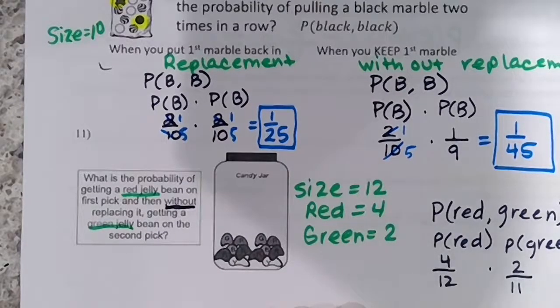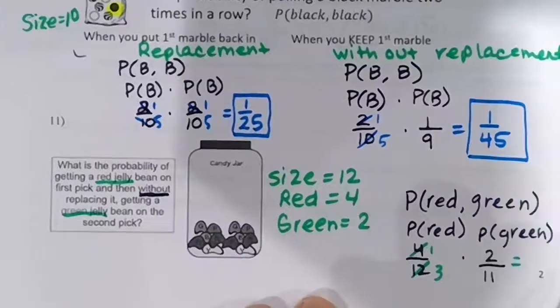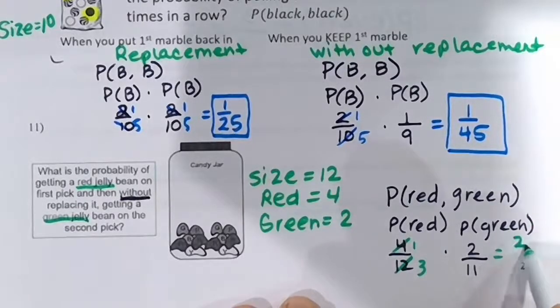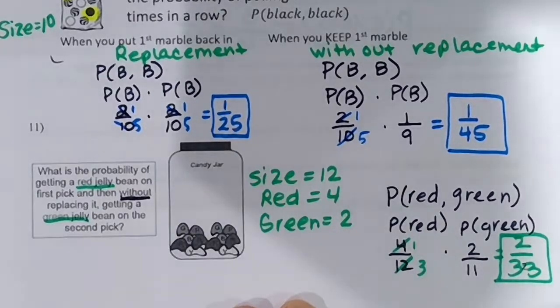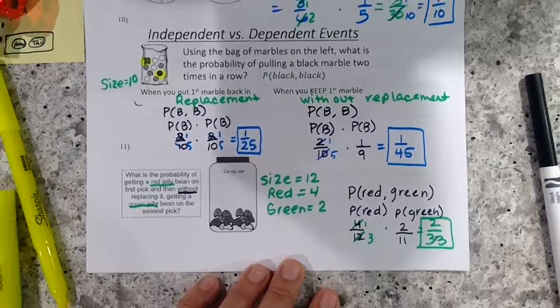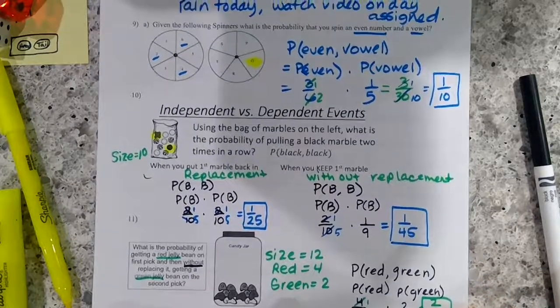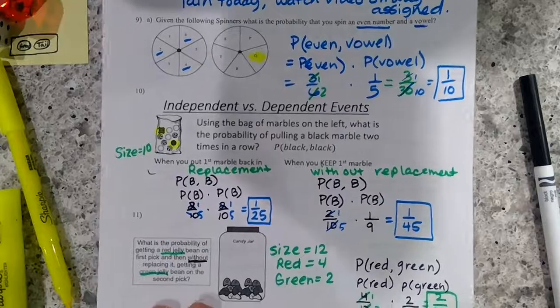Then just multiply straight across or reduce. Again, you could reduce 4 and 12 or 2 and 12. Multiply across. All right, 2 out of 33. You can leave it as a fraction or plug it in the calculator and write it as a decimal. That's fine. Okay, moving on.